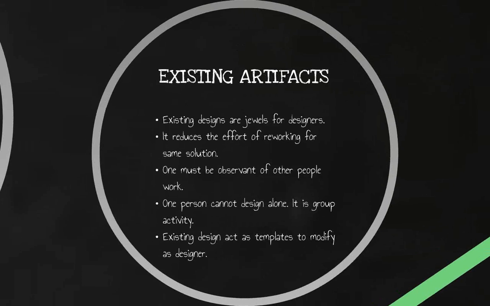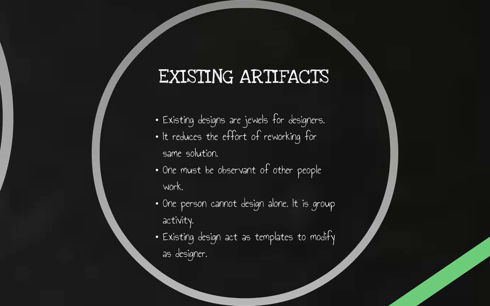Now, the last methodology in exploration is to look at the existing artifacts which are already there in the market, or have already been designed by other designers. In our case, we have to design a pick and place robot. One needs to have a good understanding of robots, and the understanding develops by looking at already existing artifacts.